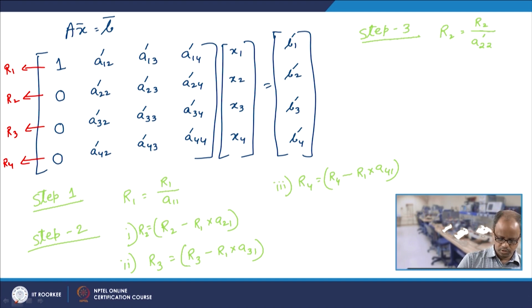By doing so, we make this 1, and this becomes A23 dash by A22 dash, this becomes A24 dash by A22 dash. So, these values would be changed. Let us say it becomes A23 double dash, this becomes A24 double dash, and this also becomes B2 dash by A22 dash. So, let us say this becomes B2 double dash.